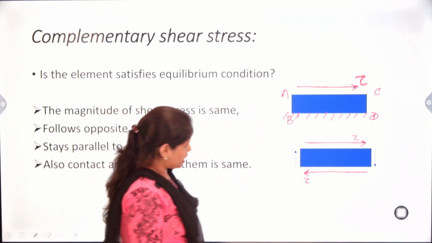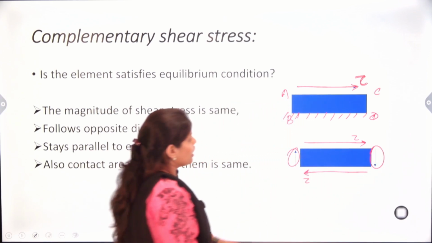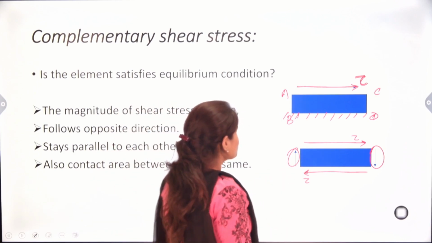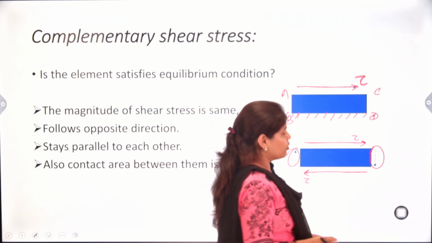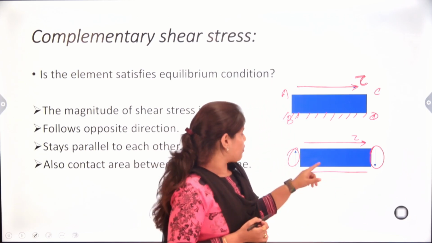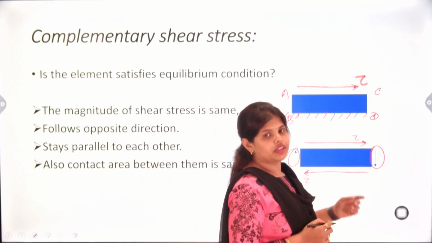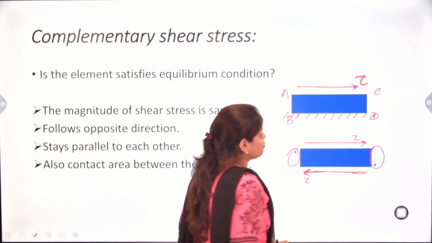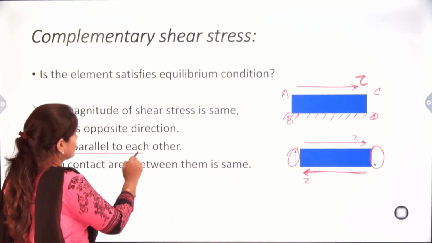So now let's ignore this part. Okay, is it in equilibrium condition or not? If anyone says yes, it is in equilibrium, but how? The magnitude of the shear stress is the same here and it acts in the opposite direction. They are also parallel to each other.